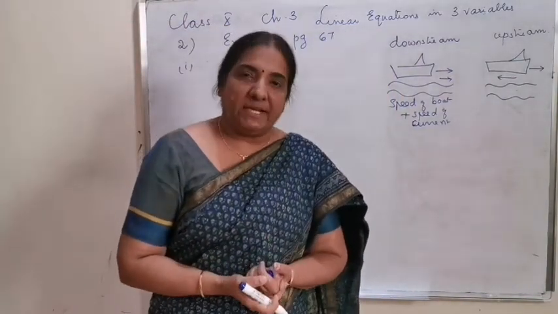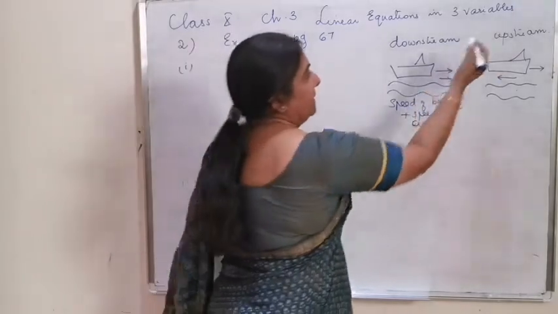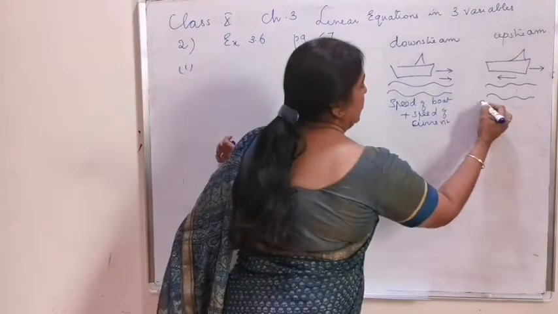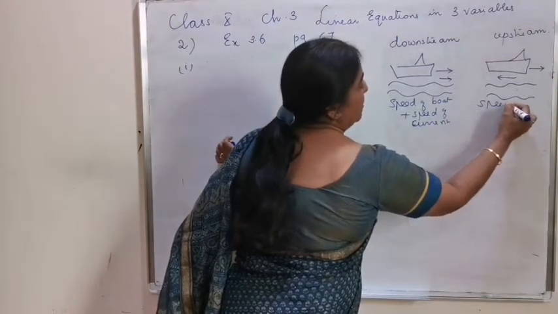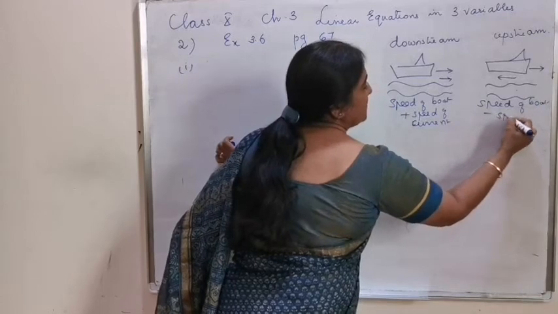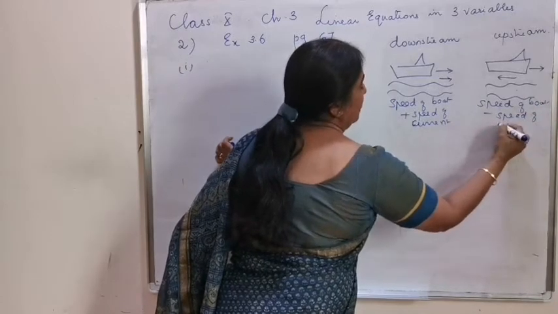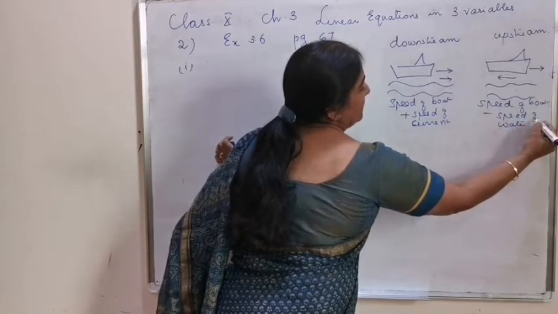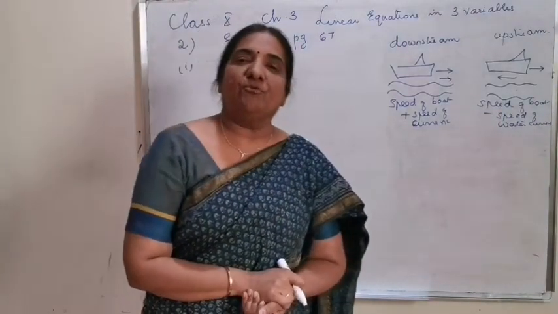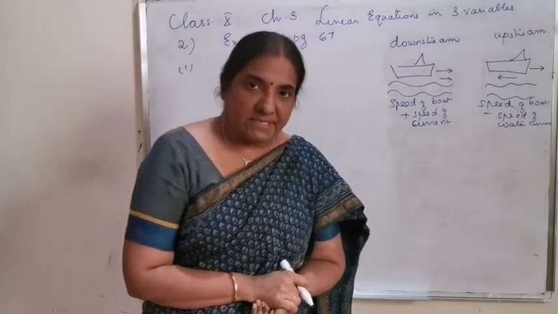It takes more time, and here the movement is called upstream, and the speed of the boat will always be speed of the boat minus speed of the water current, and here the movement will be difficult.